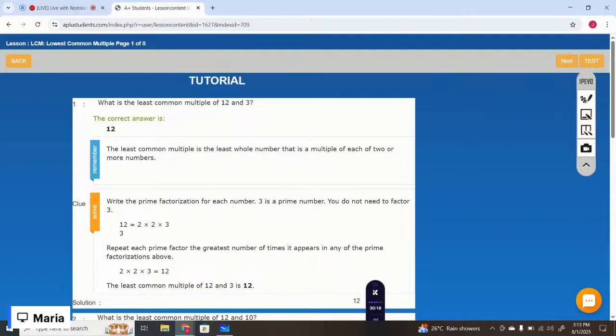The least common multiple is the least whole number that is a multiple of each of the two.